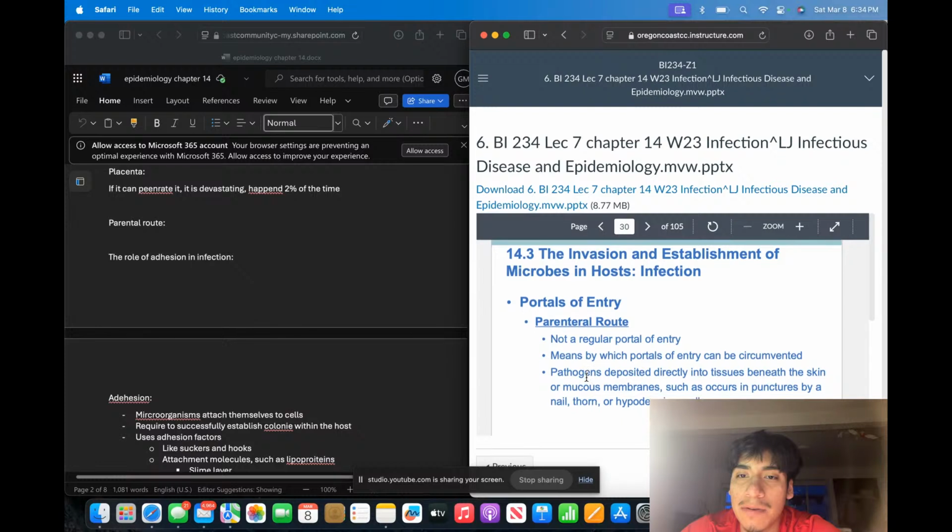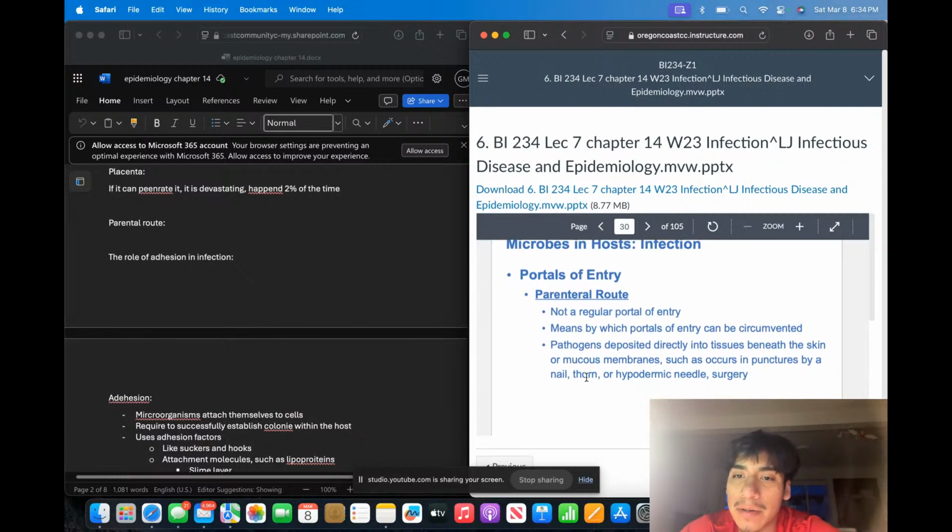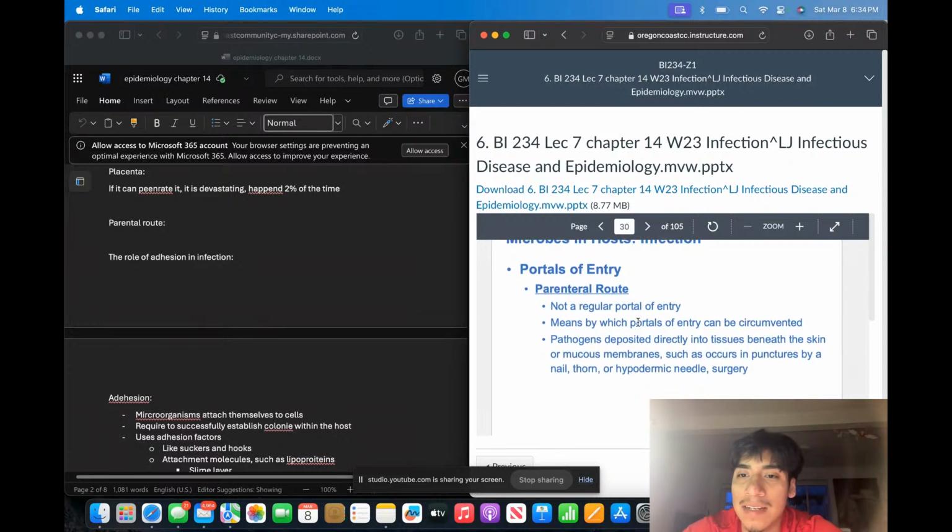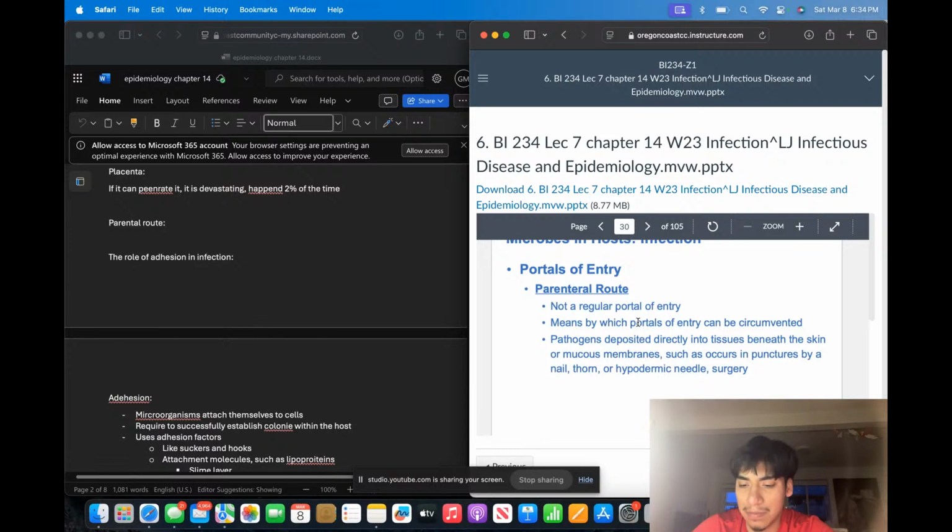Parenteral route. Not a regular portal of entry, but a means by which a portal of entry can be circumvented. So this route is just circumventing all the other things I mentioned, the skin and membranes. Pathogens are deposited directly into tissues beneath the skin or mucous membrane. Let me look this up. What does that word mean?